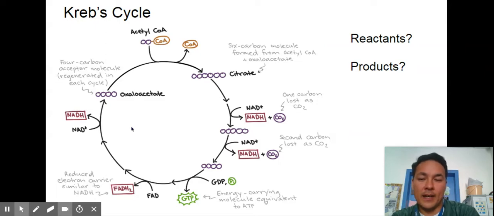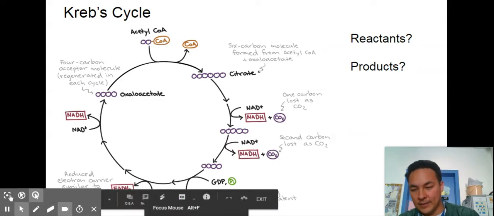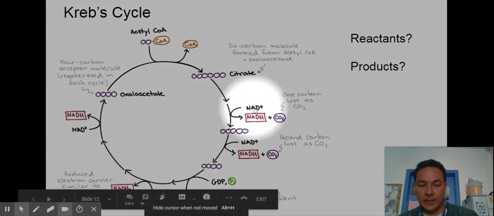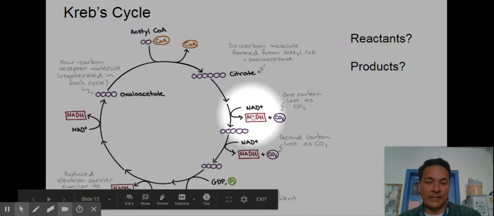It's going to get attached to a pre-existing molecule, this one over here. Don't worry about the names of any of them, but what I told you and what I hope that you can remember, it's important, is that you're taking this pyruvate, you're taking the broken apart glucose, and you're filling up as many taxicabs as possible. You're taking as many of these, let me use my highlighter, NAD pluses, and making NADHs.